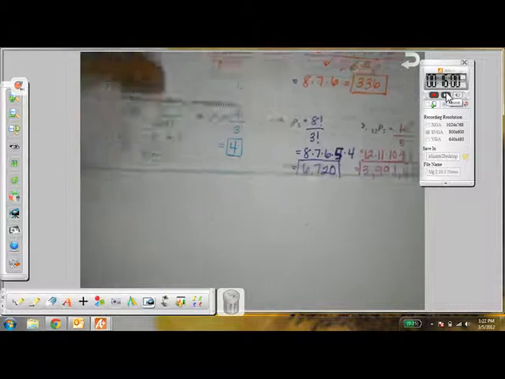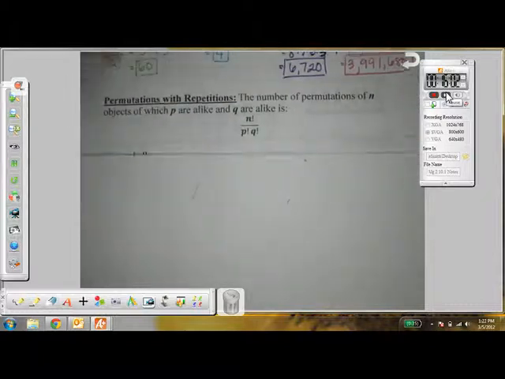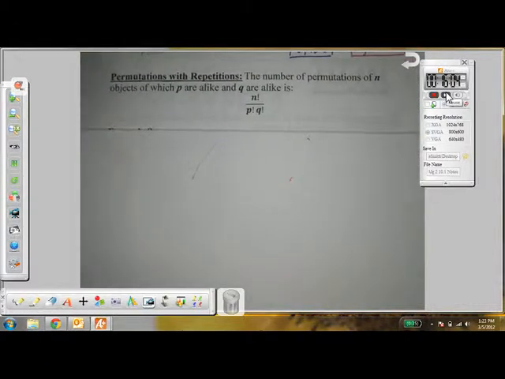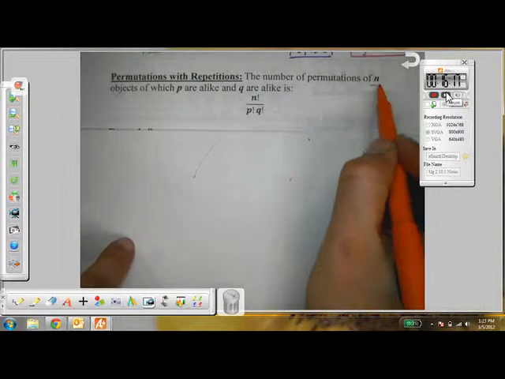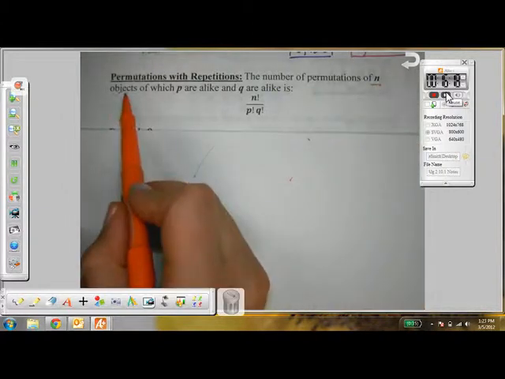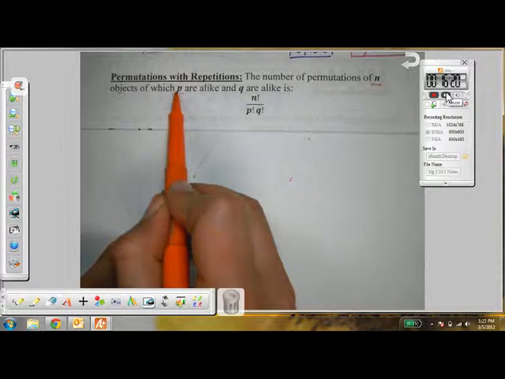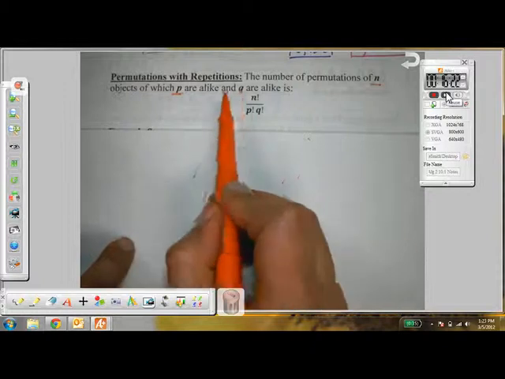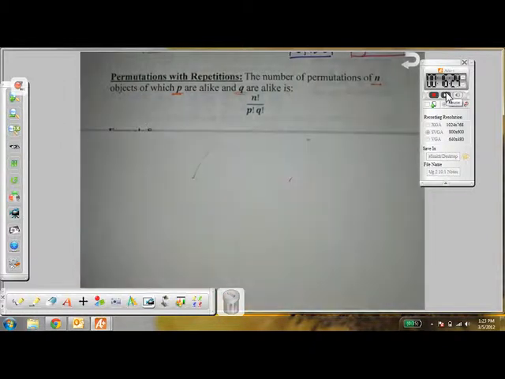Okay, so we do have to worry about what happens if there is a repetition. This happens a lot in the types of problems that example 8 is given as. When we have n permutations, and we have p objects that are alike, and q objects that are alike, we have a new formula that we have to plug in.